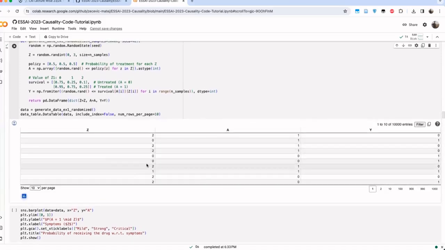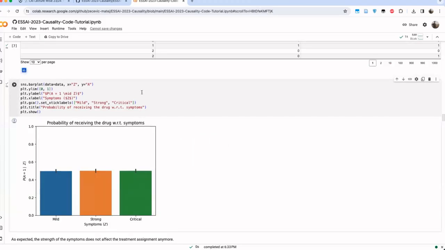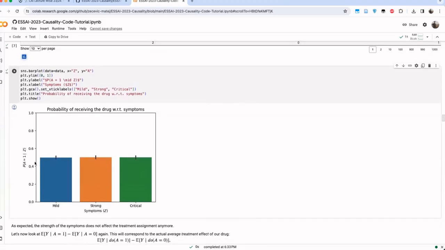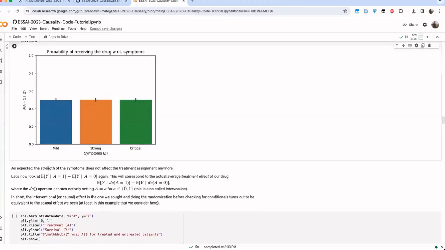But now if we look at the plots, obviously this is going to change. So now, as expected or as we intended, the propensity, so the probability of getting treated given our covariates, our condition, is now uniform across all of these conditions. So the strength of the symptoms does not affect the treatment anymore.